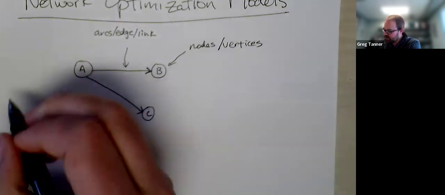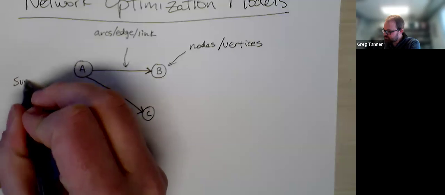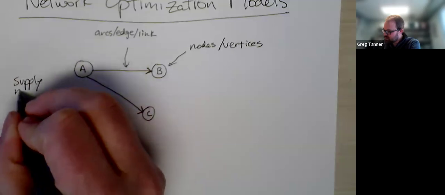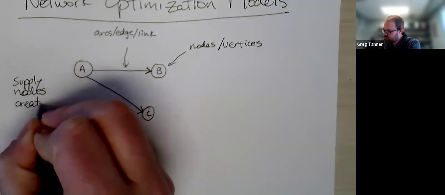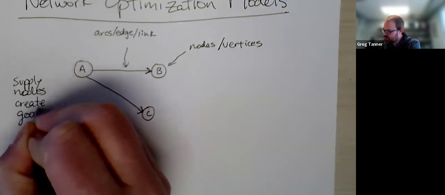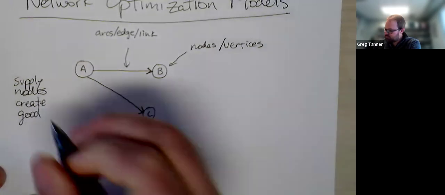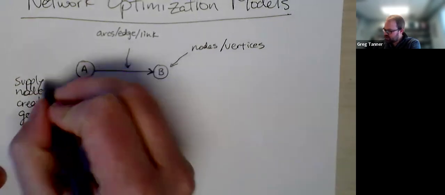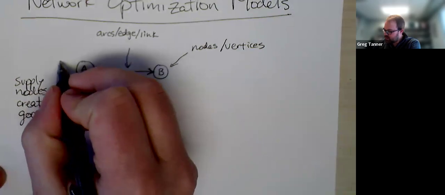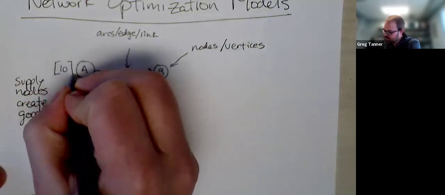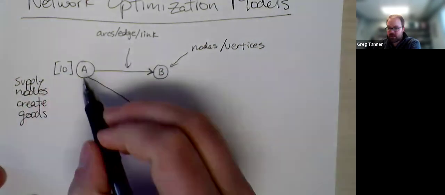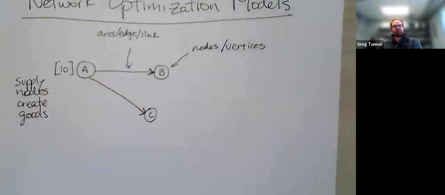And so supply nodes create goods, and I'll follow the book's convention of any supply that we create, we'll put in square brackets. And so maybe we're making 10 units of goods at node A, and I'll put that next to that node.